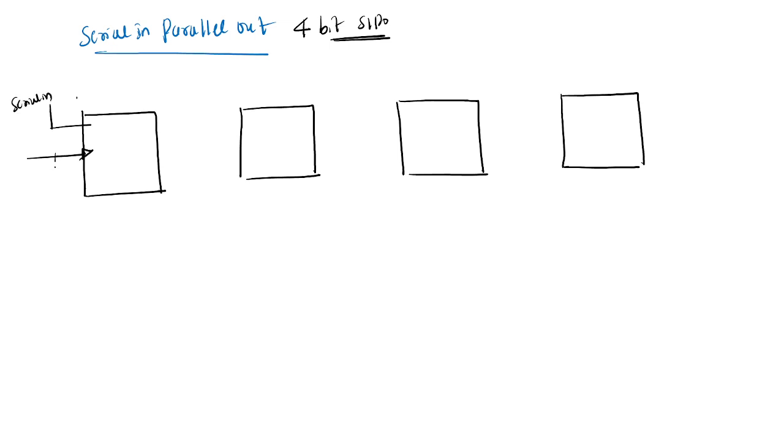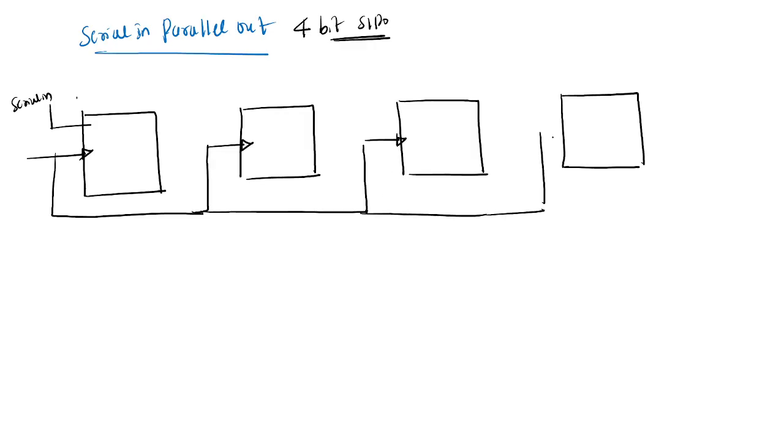A common clock is given to all the flip flops as this is a synchronous sequential circuit, a synchronous design. This is D3, Q3, D2, Q2, D1, Q1, and D naught, Q naught, connected like this.